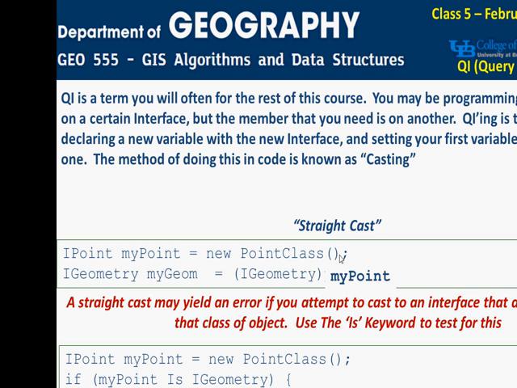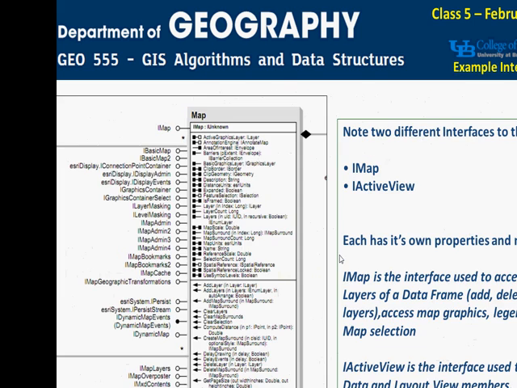But sometimes there's a more generic interface that you could use also, and in this case there's a more generic interface called iGeometry. iPoint has methods and properties specific to a point type object. iGeometry is more generic. It could be any type of vector geometry. It could be a line, point, polygon, etc. So you have a specific interface and a more general interface.